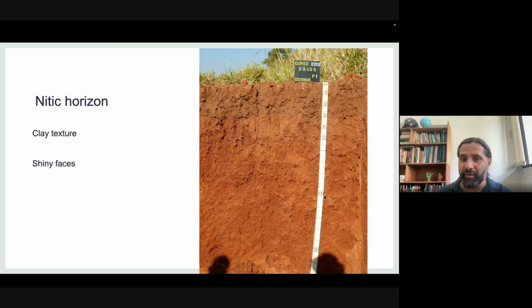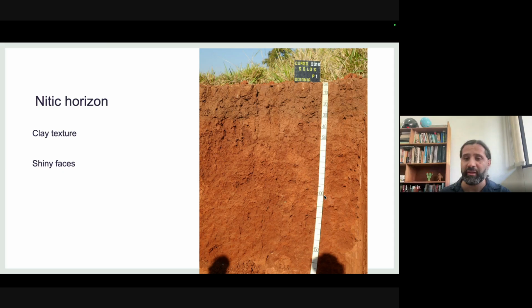So this intense destruction of primary minerals can produce a high amount of clay, and because of this high amount of clay, we register some clay skins. Also, some people say that the Nitic horizon, like the Argic horizon, also registers some clay migration, some clay illuviation, but because of the very high content of clay, you cannot register a difference of clay content between the B horizon and the overlying horizons.